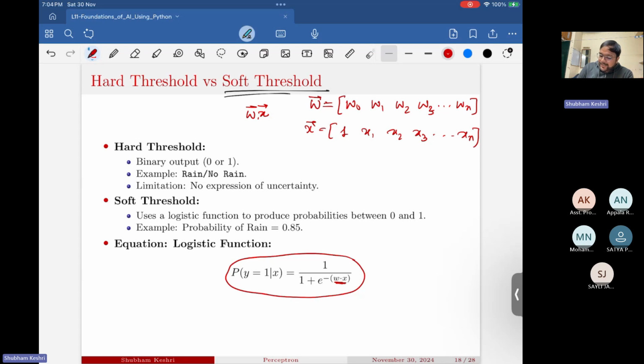When you do a dot product of these vectors, it will be W0 times 1, so W0, plus W1 X1, plus W2 X2, plus W3 X3, plus dot dot dot, Wn Xn. So we are just doing a dot product over here, nothing new.